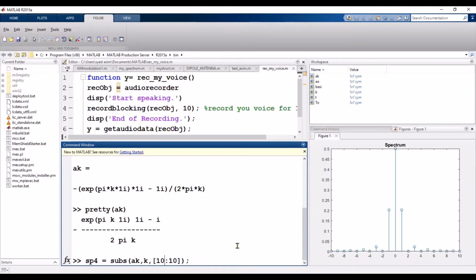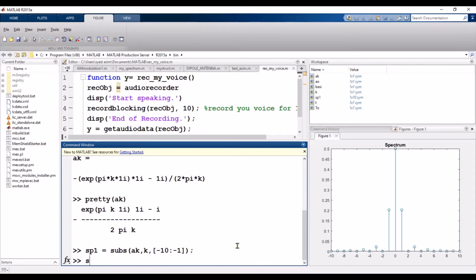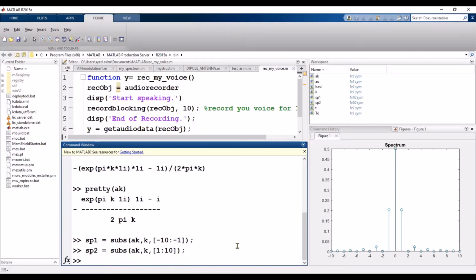I'm going to plot my spectrum from minus 10 to 10, so that's why I'm going to find the values of the complex amplitude from minus 10 to 10. First I simply substitute the values of k in the a_k complex amplitude from minus 10 to minus 1, and again I have this, and we get the values.